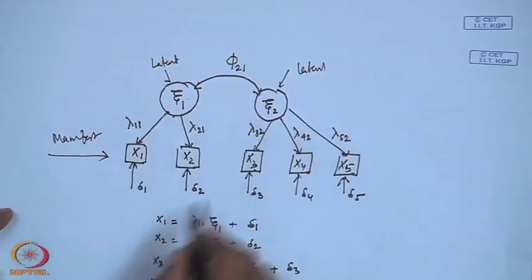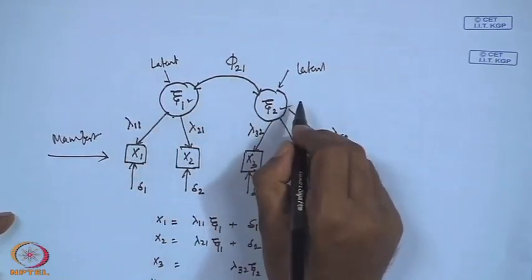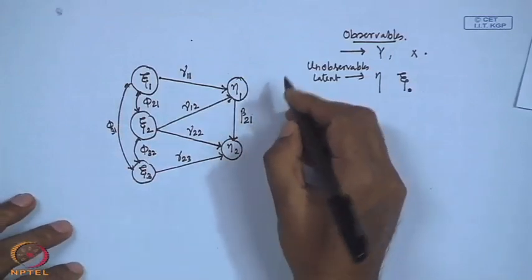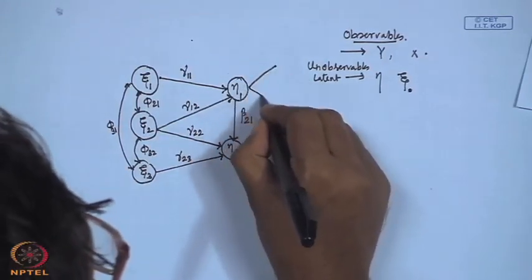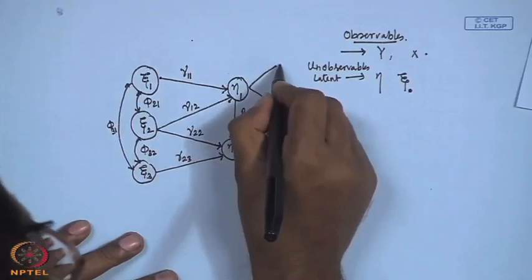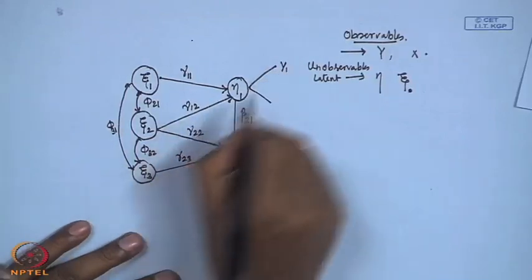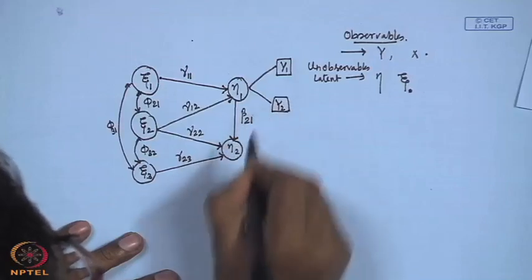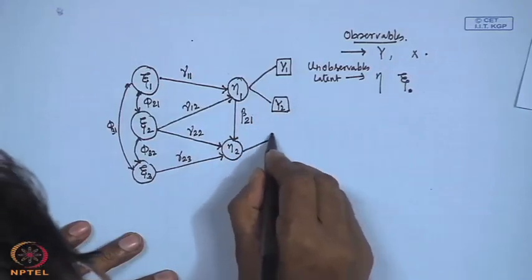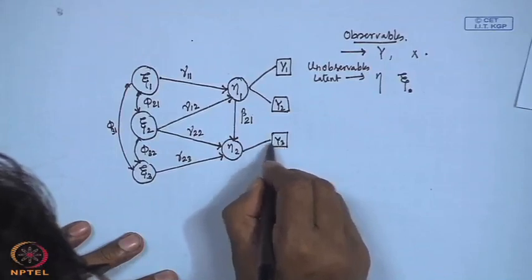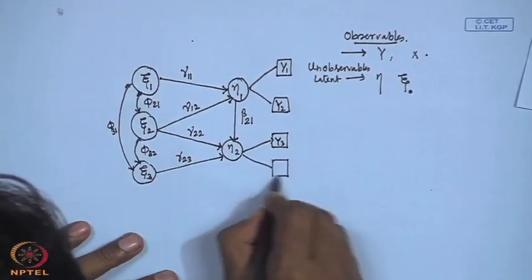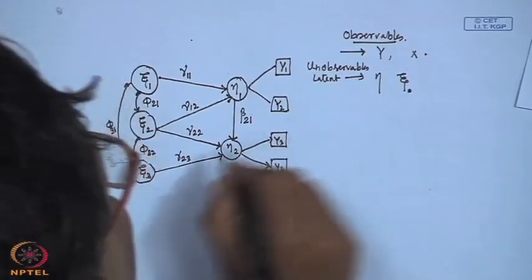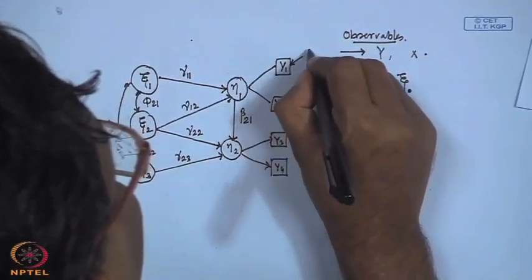So, these manifest variables are used to measure these latent variables. Now, we will do the same thing here. We may create here like this, let us denote it as y1, this one as y2, here also y3, y4, and definitely there will be error.